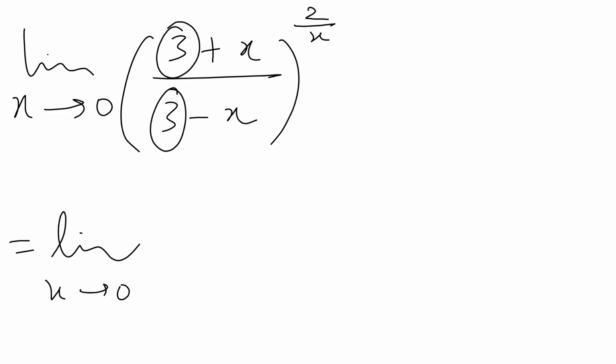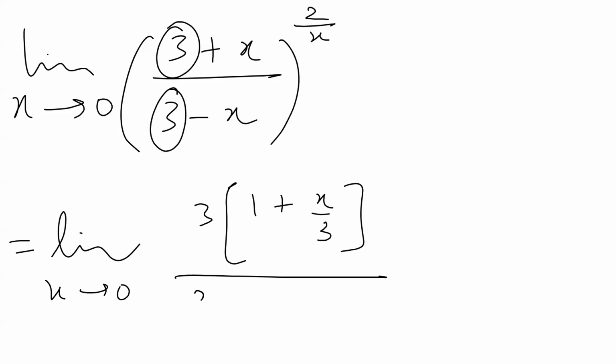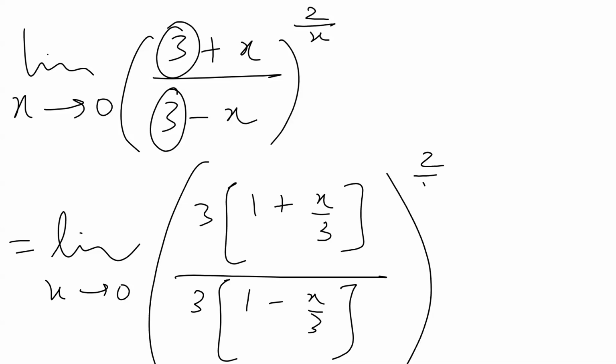Take 3 common: 1 plus x by 3 upon 1 minus x by 3, the whole raised to 2 by x. We cancel out 3. Now indices. This power will be given to both.